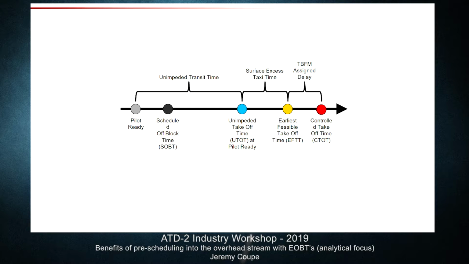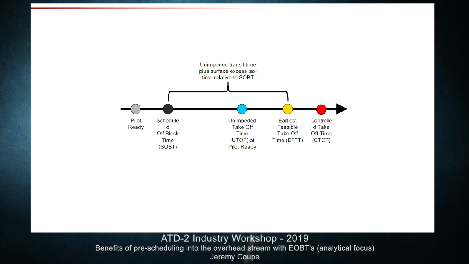What we found was that if we took the controlled takeoff time minus the unimpeded takeoff time, we saw a lot of benefits in this total delay metric. However, when we focused purely on that TBFM assigned delay, we didn't see the same types of benefits. So we said, okay, what else can we look at? Well, this is where this metric comes in.